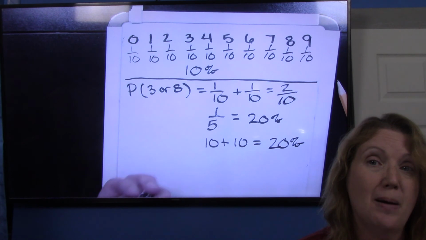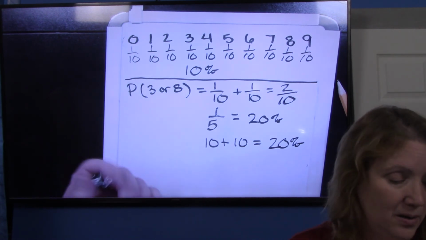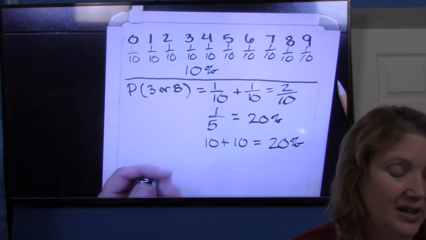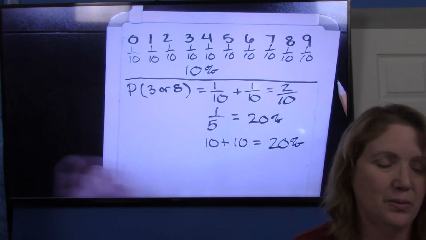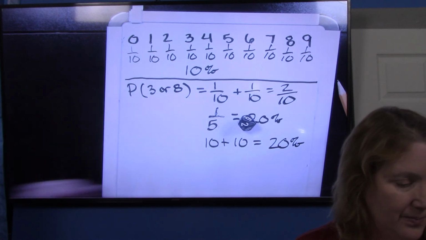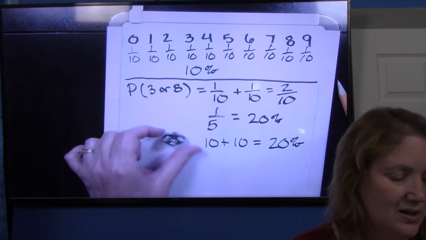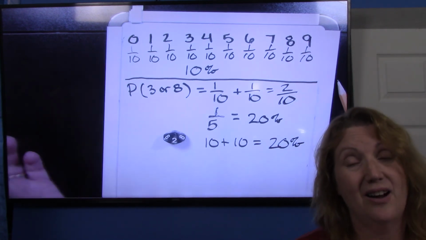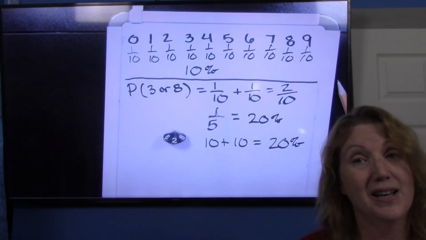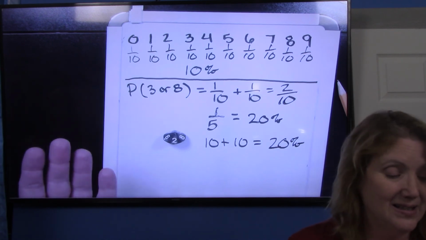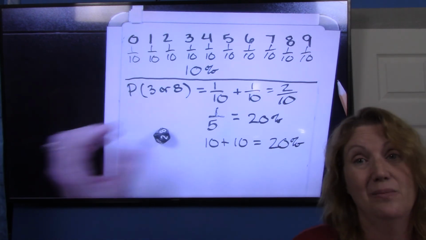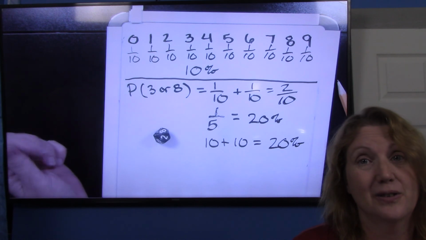So I have the probability of 1/5 of getting a 3 or an 8. Let's roll and see what happens. I got a 2. So I lost out. I only had a 20% chance. Wasn't very good odds. So that time, I definitely didn't get the right answer.